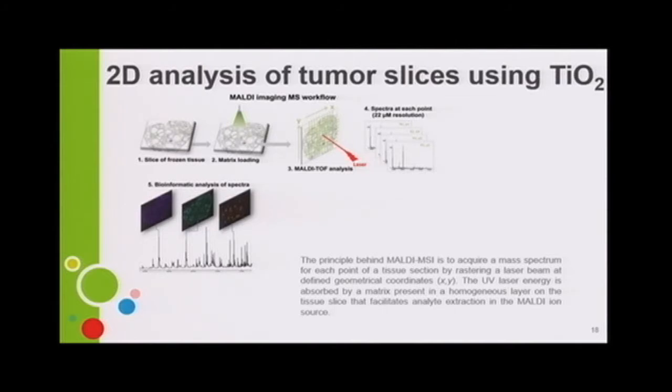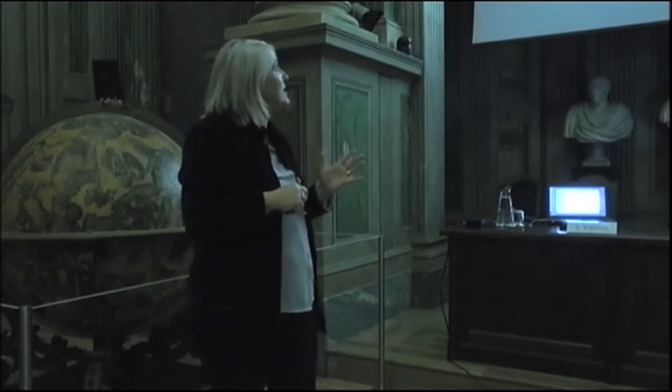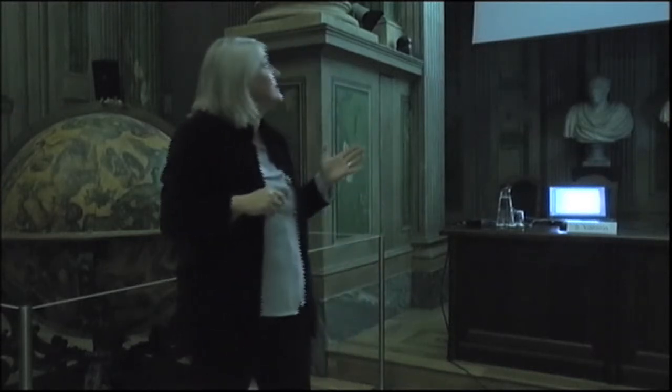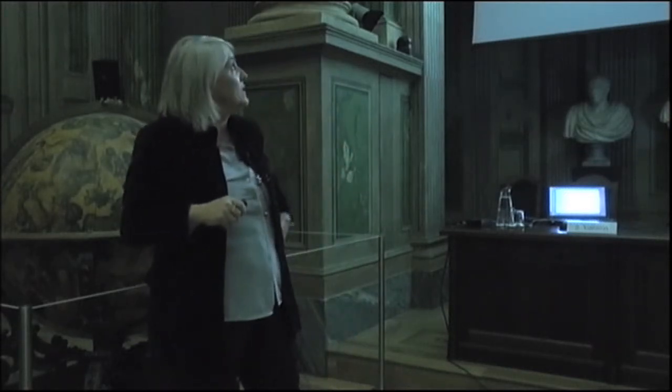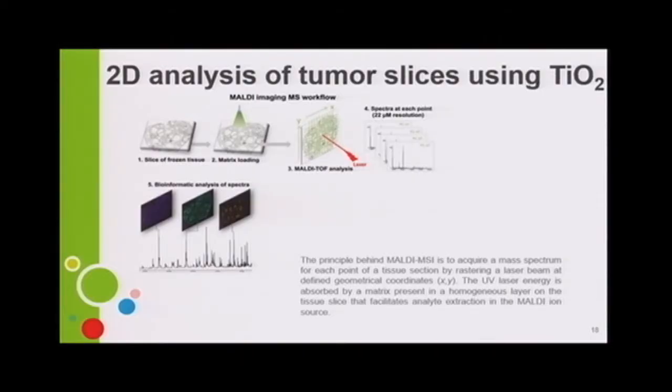And here you can see the molecules that are ionized by this type of nanomaterials. So we started with the most simple experiment, and we said, okay, we want to obtain some information about the distribution in a solid tumor. We will start with a 2D analysis of tumor slices using titanium dioxide at the beginning of our experiment.